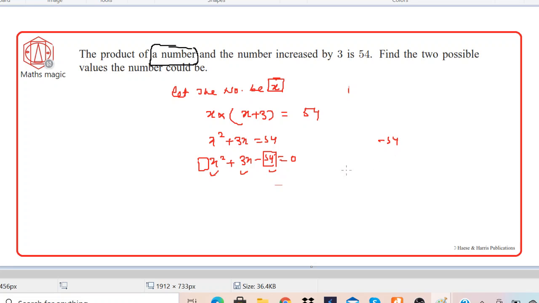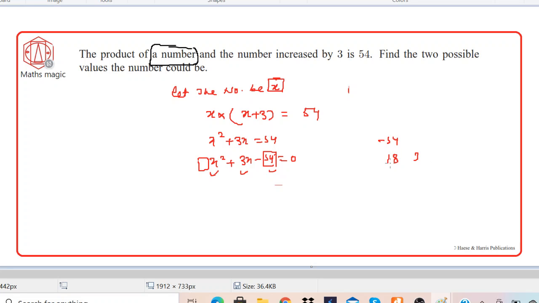Now what is our target? We have to split 3x in such a way that the multiplication should be negative 54 and the addition or subtraction should be positive 3 only. So we have to find the factors of 54 that will help us. Over here if you roughly guess, 18 and 3 will give us 54.